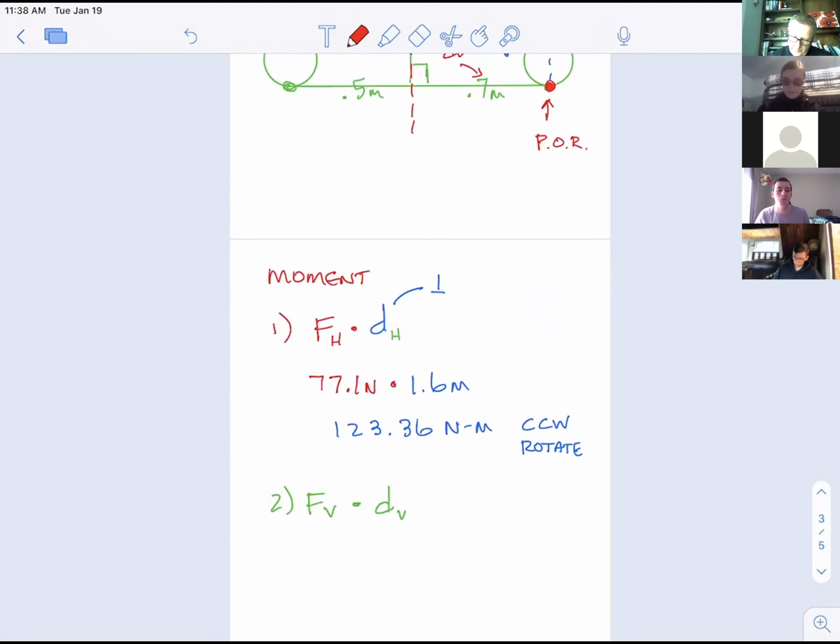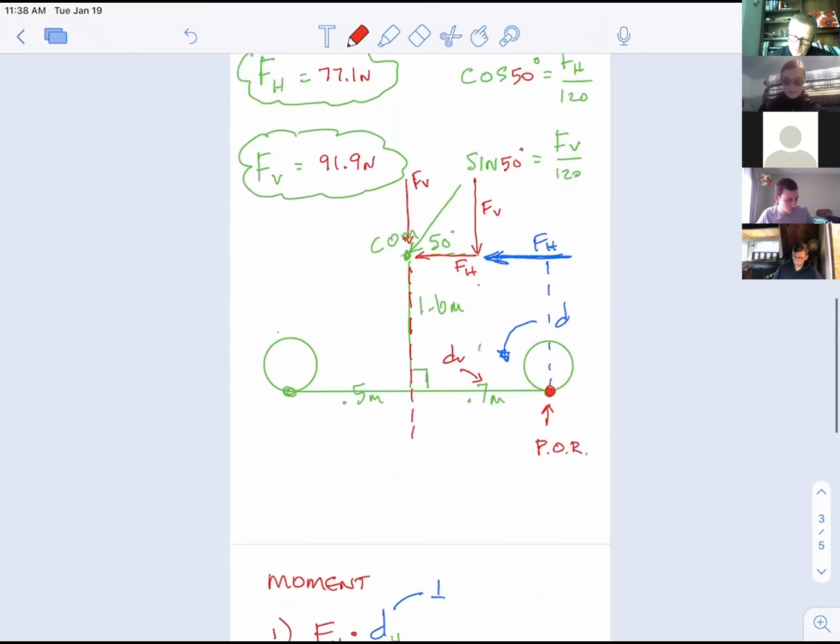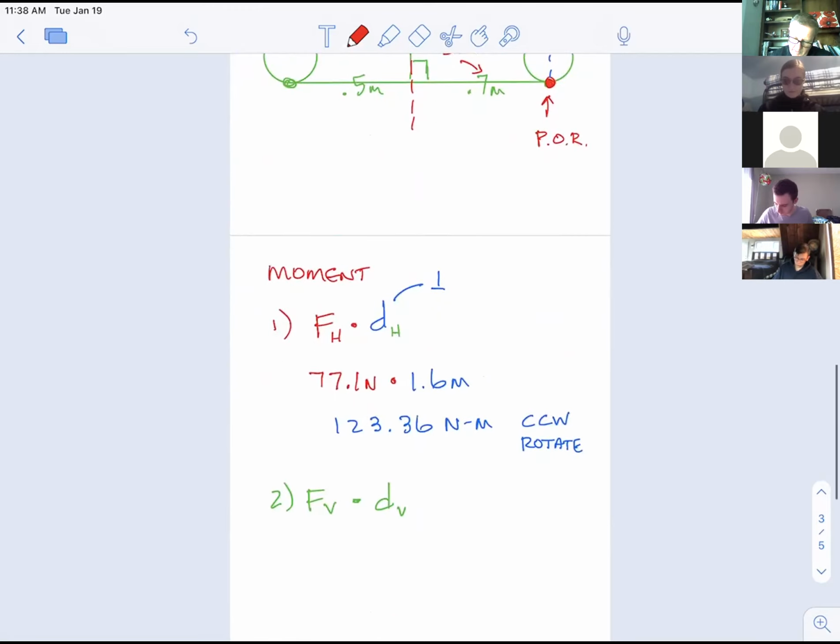So we said that force was 91.9 times 0.7 meters. 91.9 times 0.7 is 64.33 Newton meters.